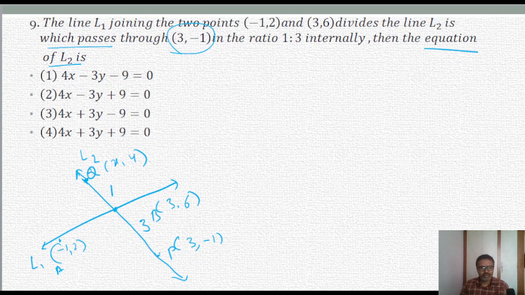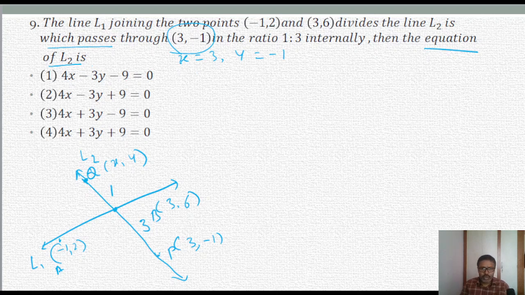That information is enough for us to verify which option is correct. I will just put x value 3, y value minus 1 in each option and verify which equation satisfies this. Whichever equation satisfies this, that means this point is lying on that line, that is L2.